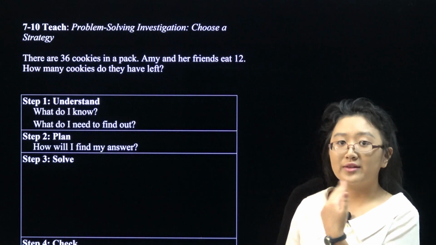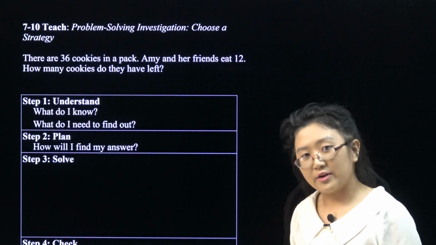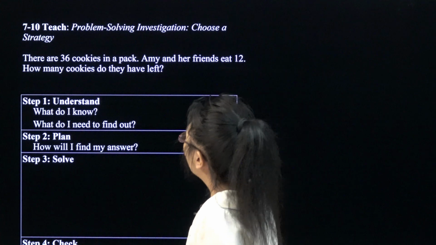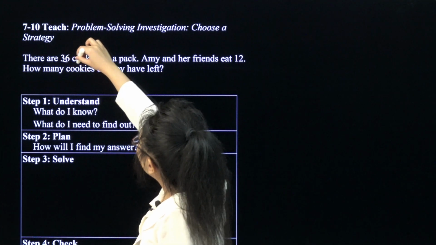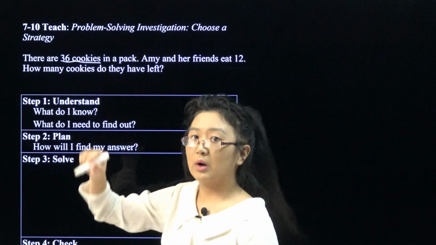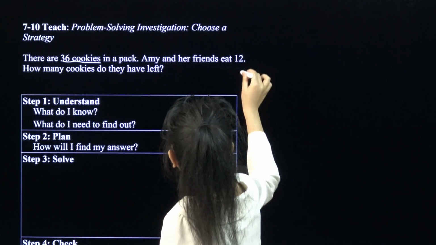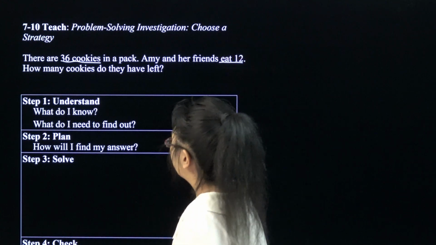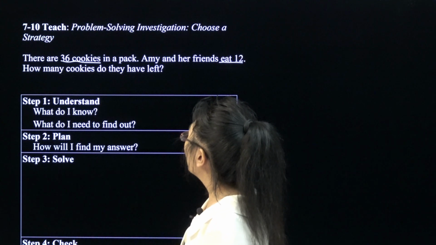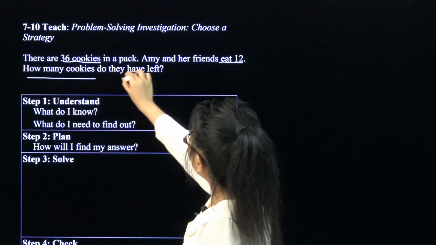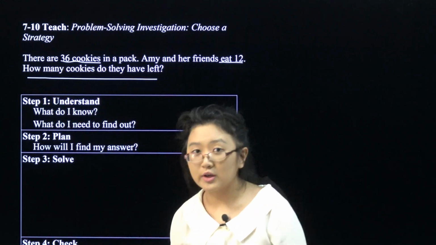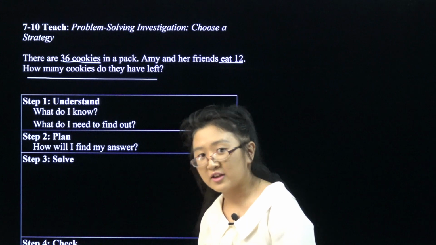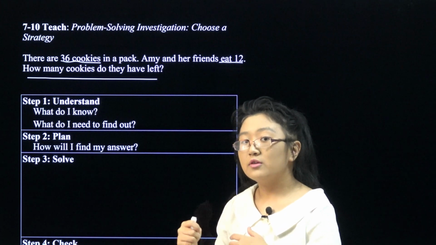Well, so step 1, we need to understand the question. What do I know? So there's 36 cookies in a pack, so that's what we start with. And 12 are eaten. What do I need to find out? How many cookies are left? When it says how many cookies are left, usually you would do subtraction.